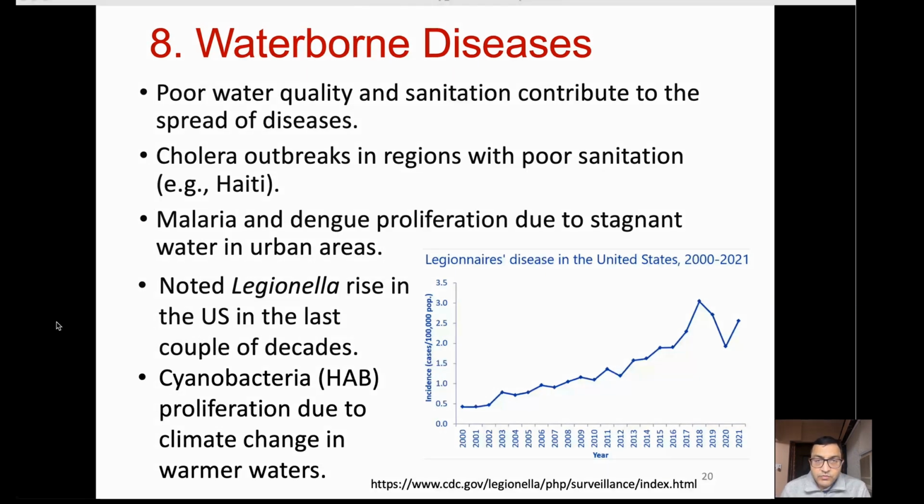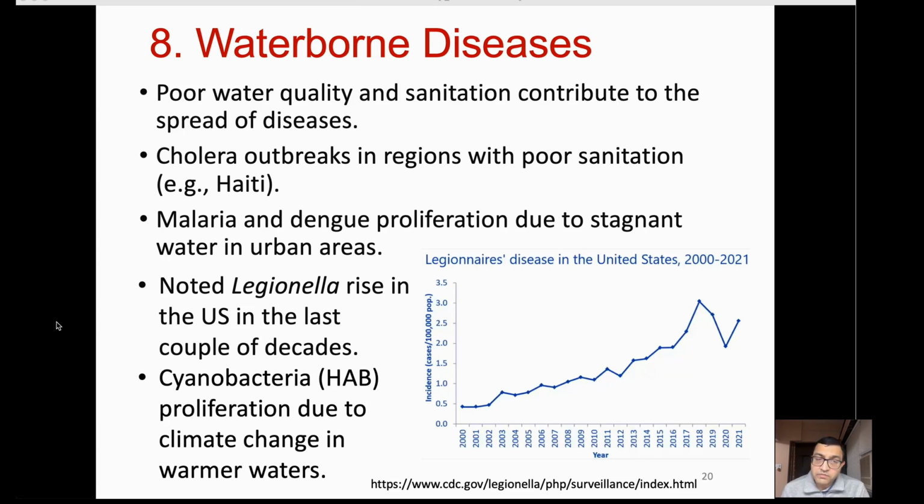Next is waterborne diseases. Overall there has been a lot of improvement, especially in the US and other developed countries with proper disinfection, but poor water quality and sanitation on a global level still contribute to a significant spread of diseases. For example, cholera outbreaks in regions with poor sanitation, such as Haiti.